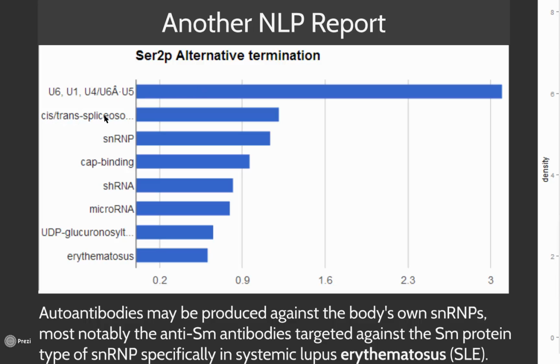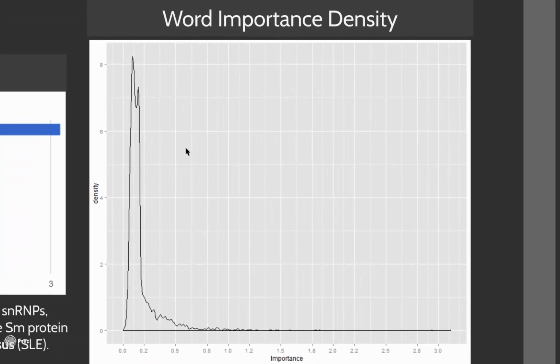We see the spliceosome showing up, cap binding, short hairpin RNA, microRNA, and lupus actually shows up. And lupus has anti-U1 antibodies, autoantibodies. So we might expect that lupus involves dysregulation of alternative transcription or splicing.